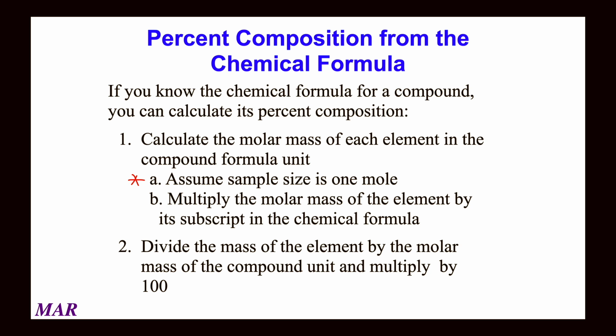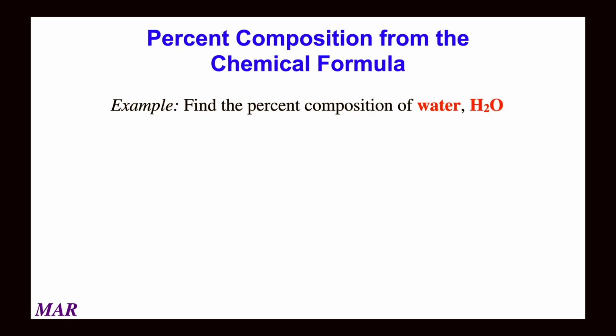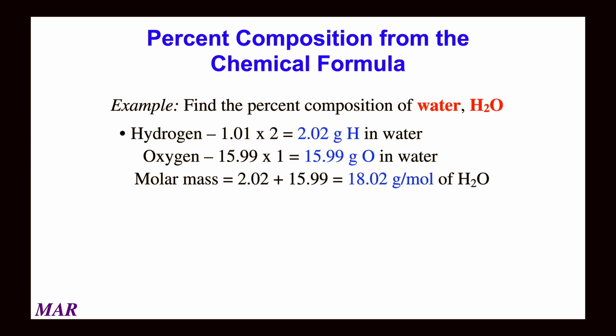It's pretty clever. It's kind of weird to talk about, but in practice, it's pretty easy to calculate. Let's do the actual percent composition of water, and let's see what I was babbling about earlier. First of all, you do need the whole molar mass, and as we've seen, that's about 18.02 grams.